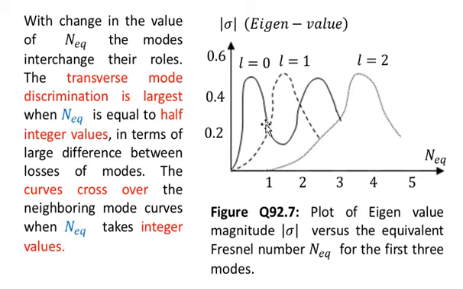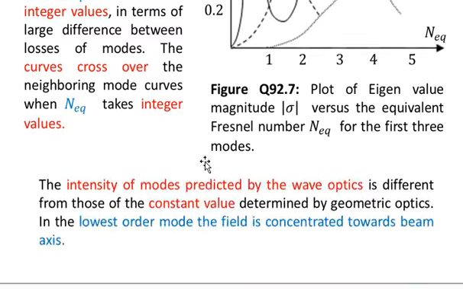For example, the first crossover between the two curves occurs for N is equal to 1. The second crossover occurs between the L is equal to 0 mode and L is equal to 1 mode at the value of N equivalent of 2. And the third crossover occurs at a value of N equivalent of 3 between the L is equal to 0 mode and L is equal to 2 mode.